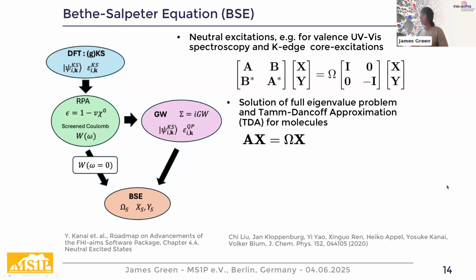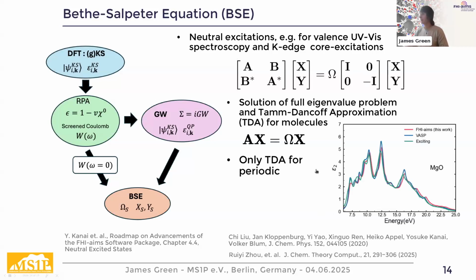We also recently have a periodic BSE implemented for just the Tamm-Dancoff approximation, which is described in this 2025 paper by Ryu Zhu. Here you can see a comparison of the absorption spectrum of magnesium oxide relative to two other codes. The BSE is also part of the GW tutorial, but won't actually be covered tomorrow, just so you know it's in the same place as the GW tutorial.